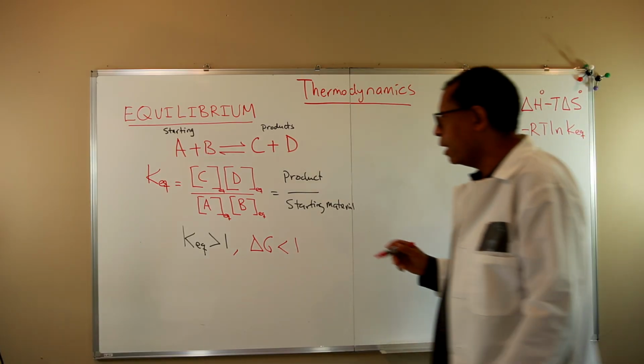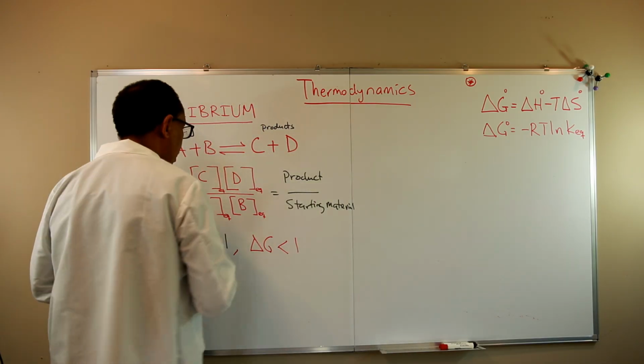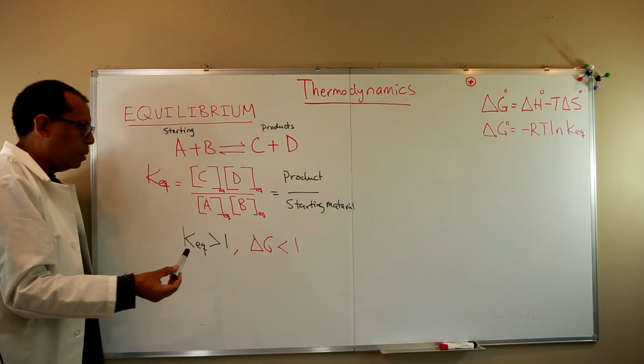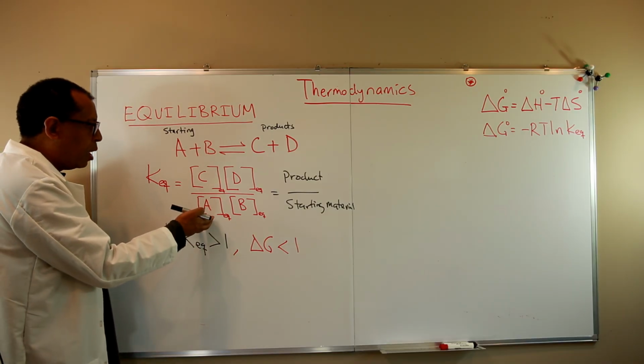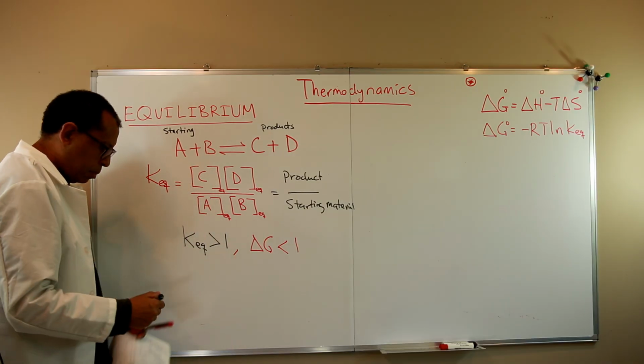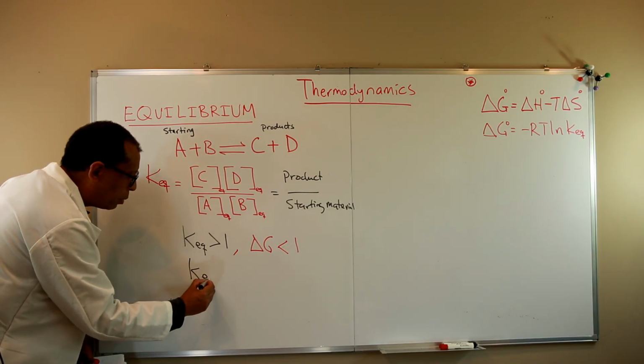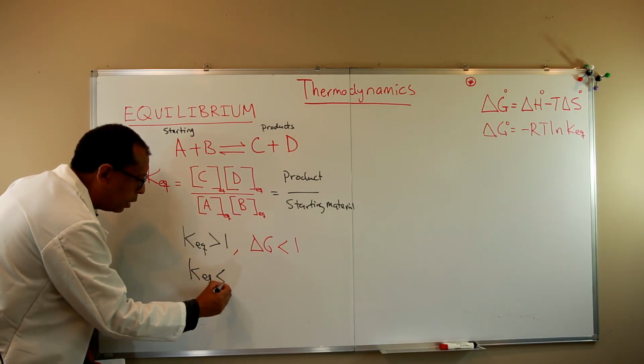But if what is remaining in the reaction is much higher than what is being formed, that means the K equilibrium constant is less than 1.